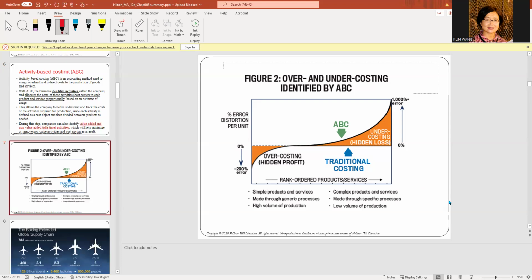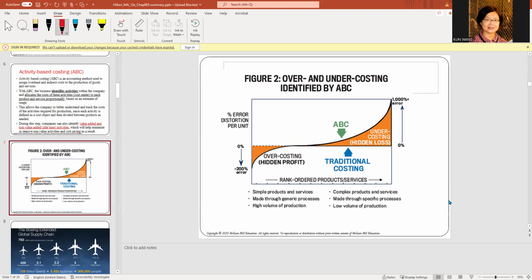So we treat them the same, right? So you use the direct labor hours or machinery hours, but you didn't really capture the detailed needs for some of the complex products or the simple products. So the allocation of overhead wouldn't capture the actual needs of the complex products.